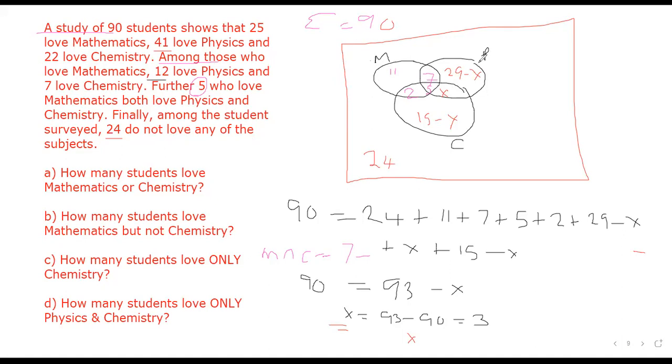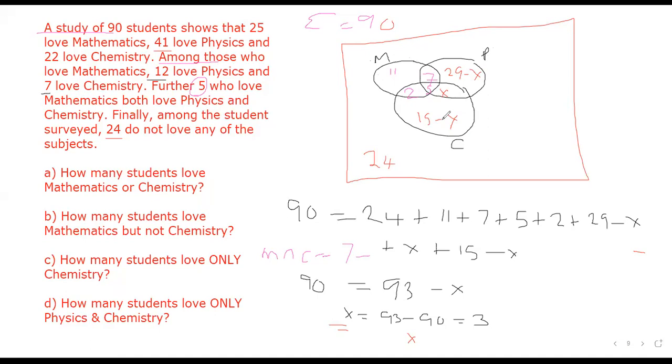We were also told the intersection between mathematics and chemistry is 7, those have mathematics and also have chemistry. But it was silent on those who have physics and chemistry.